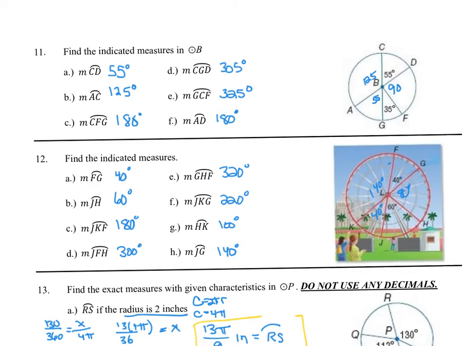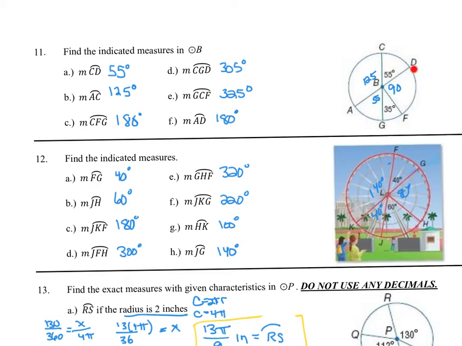So I go and figure out those missing parts before I look at what I need. Now if we look at A, it asks us to find the measure of CD, which is right here, and that is 55. The measure of AC, which is right here, 125. The measure of CFG would be 180. The measure of CGD would be from here all the way to here.